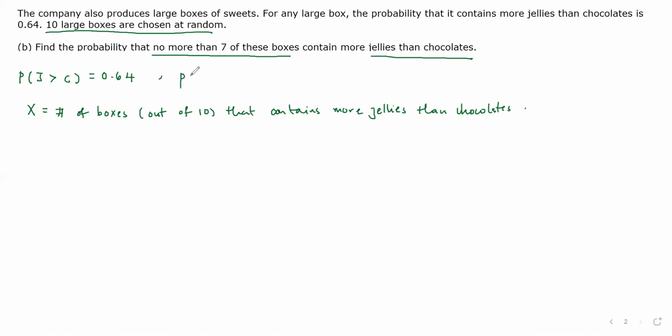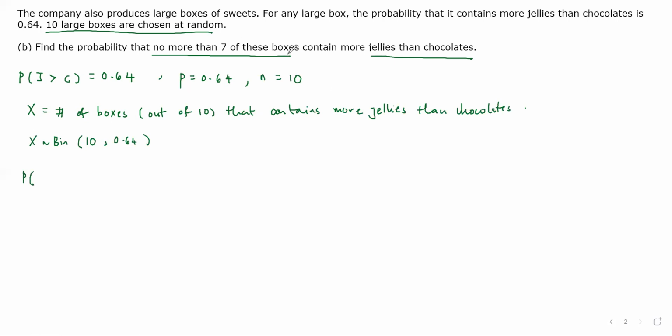And we say that the probability of success is 0.64. We are looking at the number of boxes out of 10. The total number of trials is 10. And whether a box has more jellies than chocolate or not is independent from any other boxes. We say that X follows a binomial distribution with n equals 10 and probability of success equals 0.64.